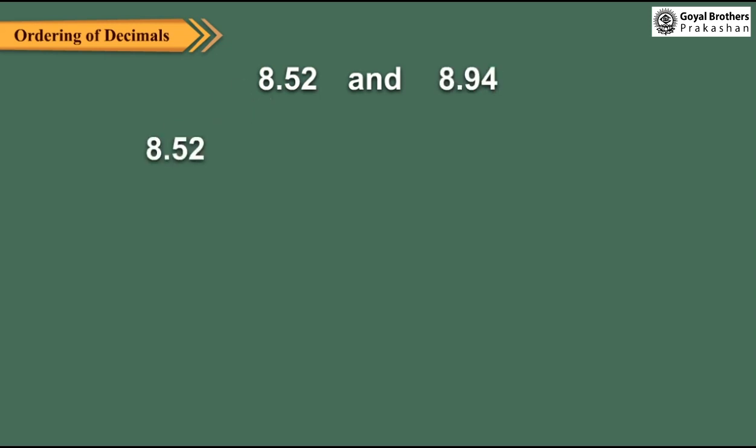So 8.52 is less than 8.94 or 8.94 is greater than 8.52. Again, if the 10th digits are also same, we compare their 100th digits. If the 100th digits are same, then compare 1000 digits and so on.